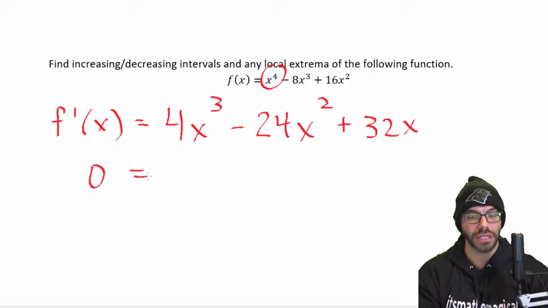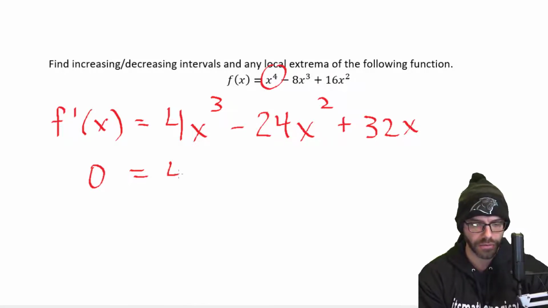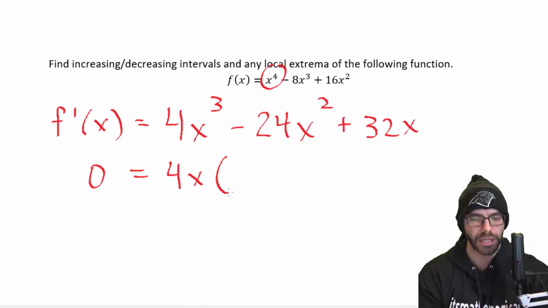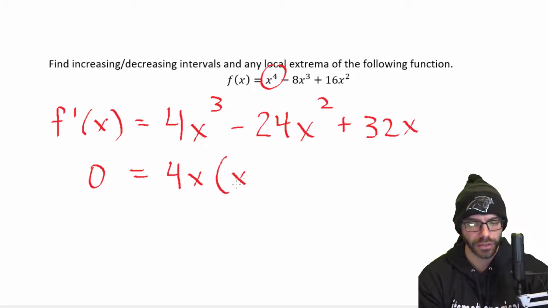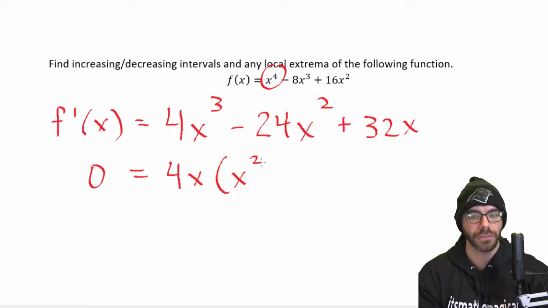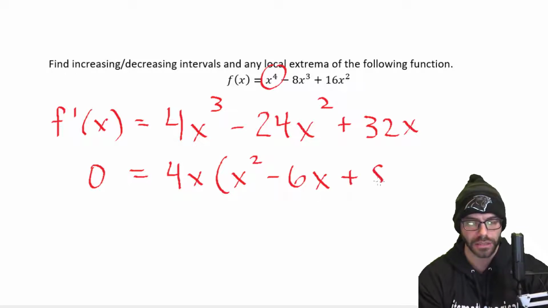Notice each of these 3 terms in the derivative has a common factor of 4x, so let's factor out 4x, and then from there we'll have x squared. 24 divided by 4 is 6, so that's going to be a minus 6x, and then 32x divided by 4x is plus 8. All right, we'll continue to factor.